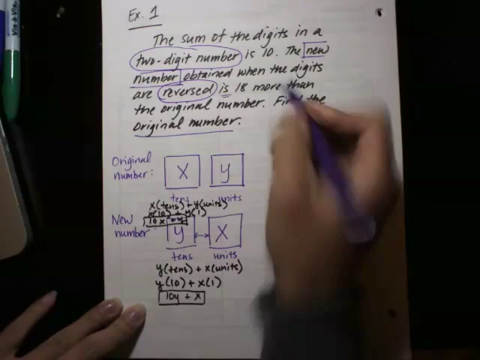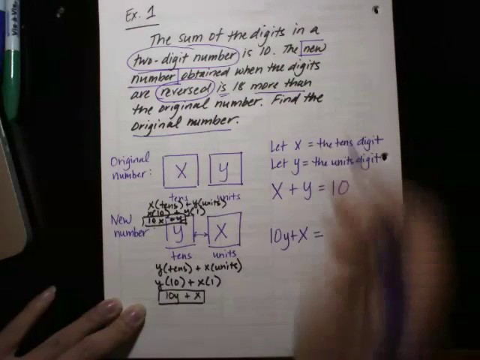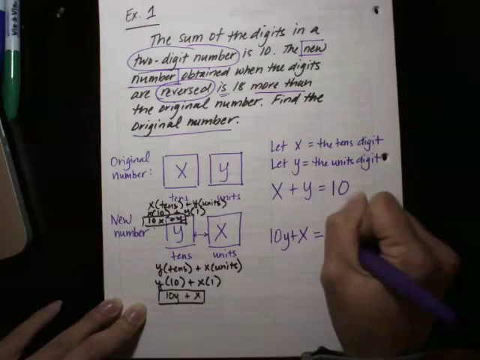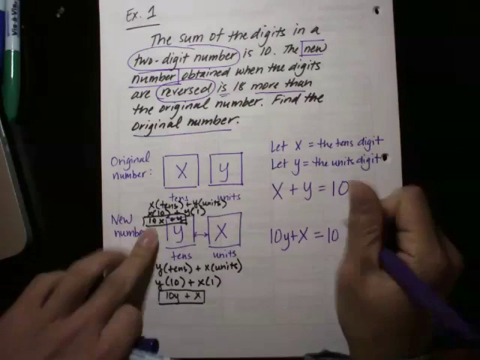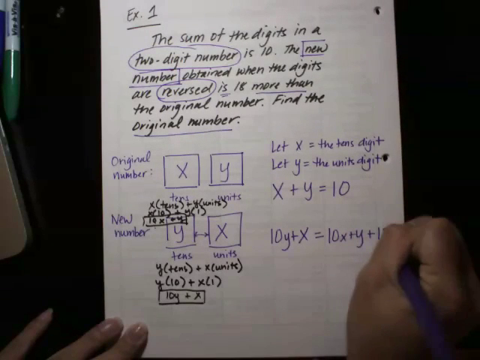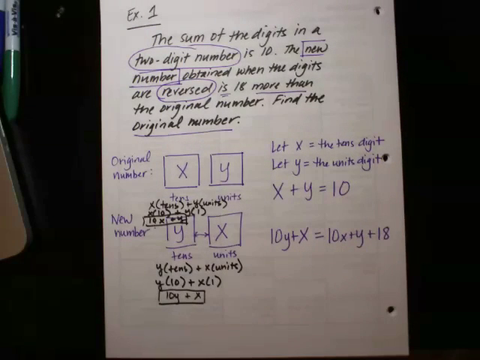We said 18 more than, so we know that 18 is going to be added to our original number. Well, what was the value of our original number? Our original number is right here, 10x plus y. We're going to add 18 to that. Using this setup, we have been able to identify 2 of our equations, which we will go ahead and solve.